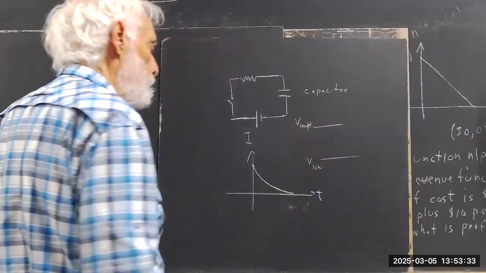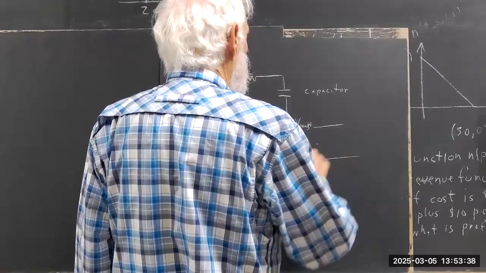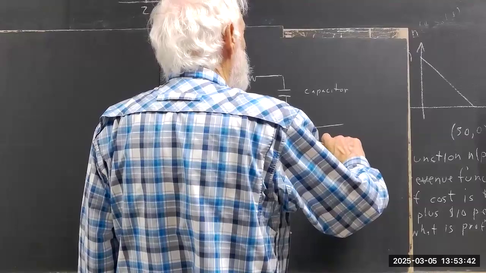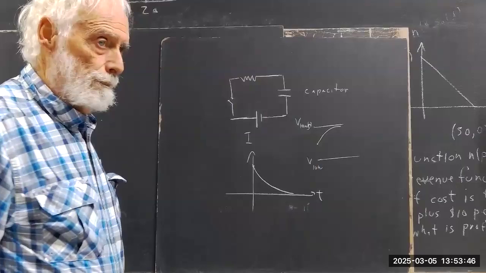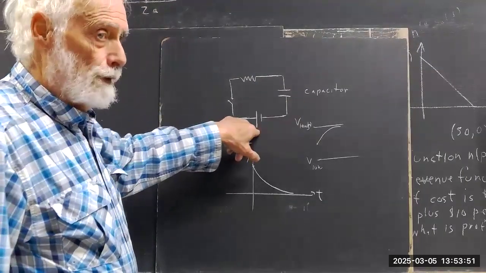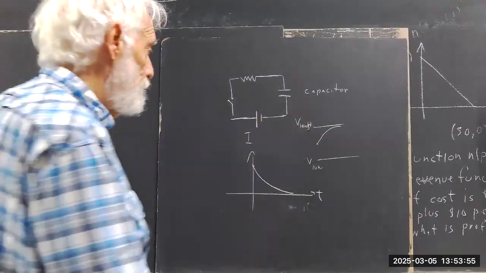That's V low and V high. Let's say you start off with no voltage on the capacitor. The voltage is going to exponentially approach this high voltage. Okay? Voltage of the capacitor will become equal and opposite to the voltage of your source, or in the limit.